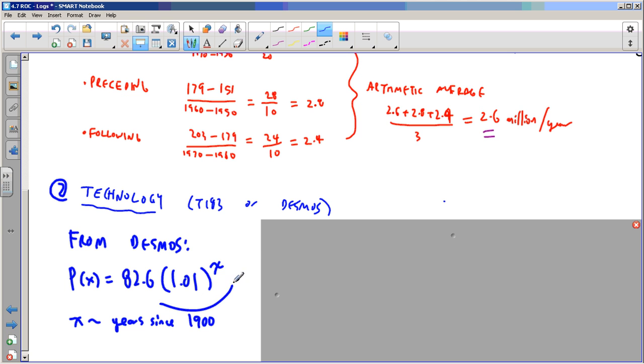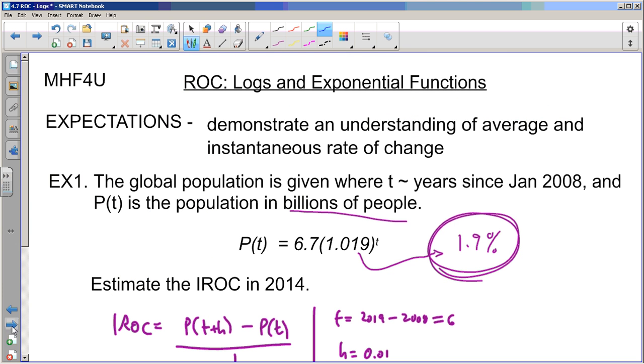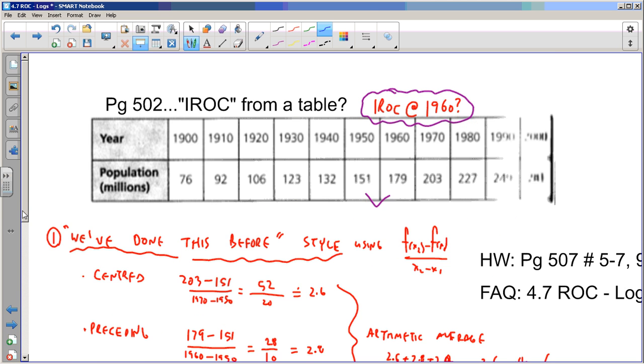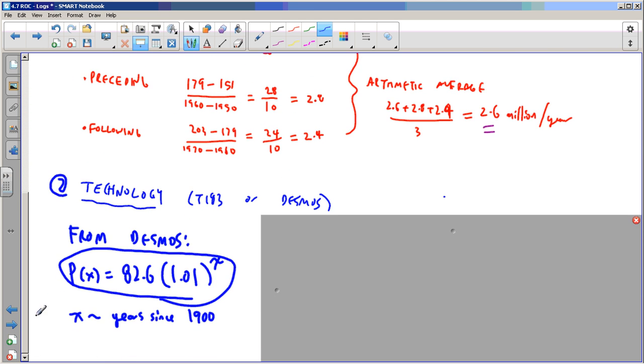And then I can take that and approach it in the same way that I did here. I just use my IROC formula. Once I get a model, it's old news. That's too bad that we didn't have another decimal. So notice it looks like the population, according to this model, is going up by 1% a year. Okay.